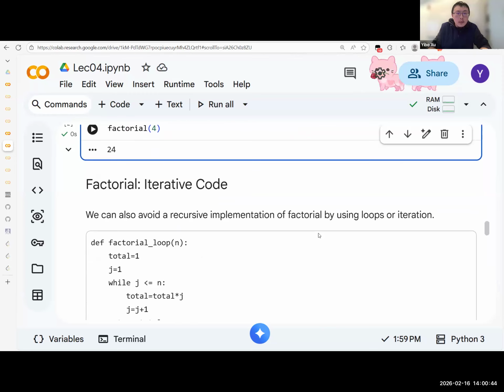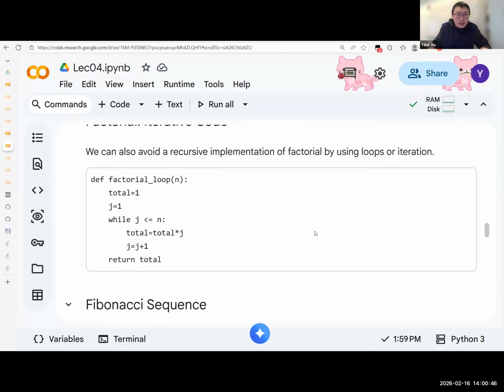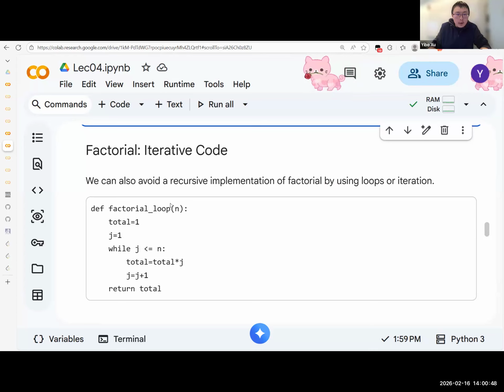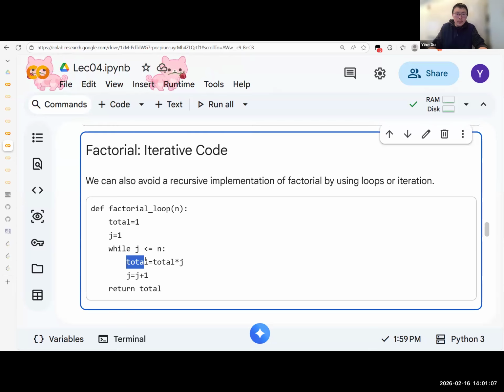All right. So of course, if you want to write it in iterative code using a loop, that's totally fine. Here is a while loop. If you want to use it as a for loop, it's also fine. So what you do here is that basically for j starting from 1, ending at n, you just every time multiply that j to the product, right? So you can name it as total, you can name it as product, it doesn't matter.